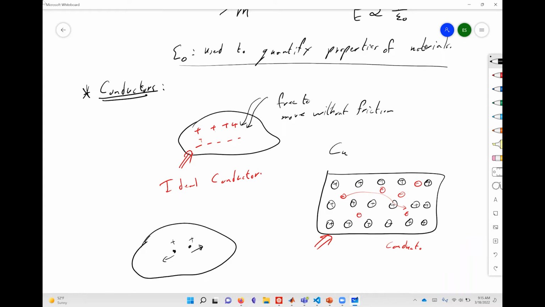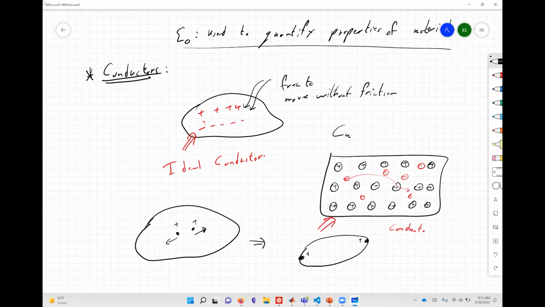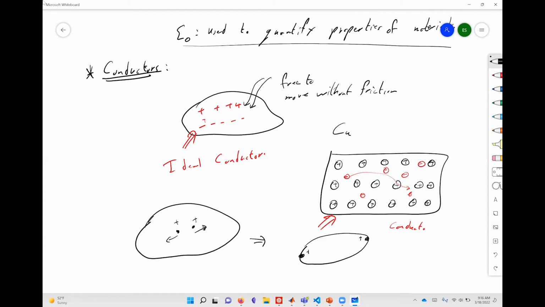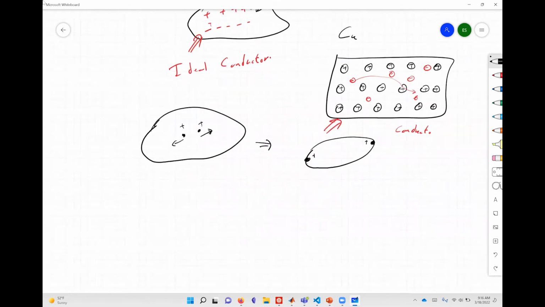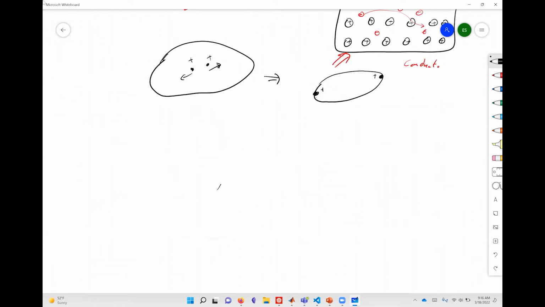They're going to start moving, and they're going to stop only when they hit the boundary of the conductor. So in a conductor, if you inject charges into the conductor, the charges are always going to end up on the boundary. Okay, the charges are going to stop moving only when they reach the boundary. Okay, that's one thing we can do to a conductor. What's another thing we can do to a conductor? We can apply an external electrical field.